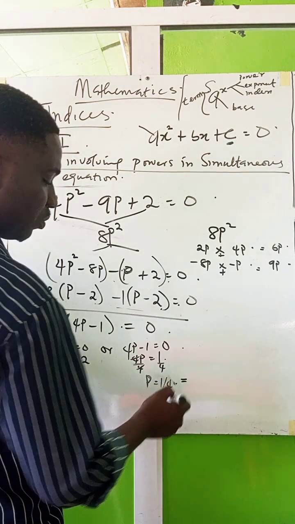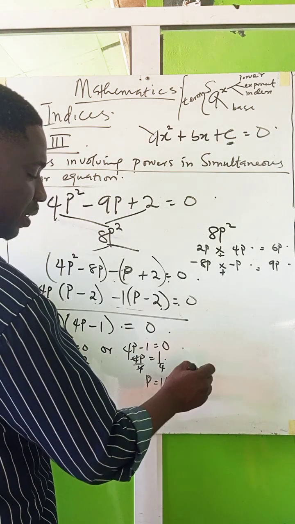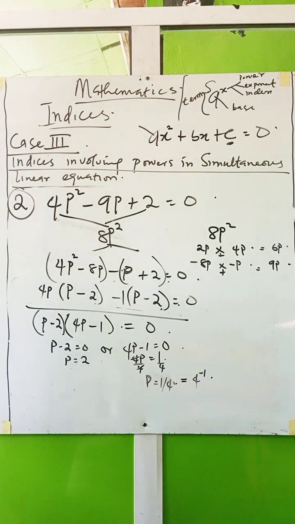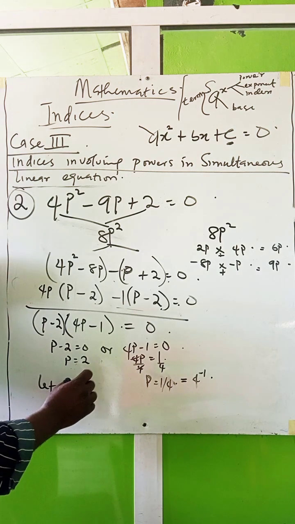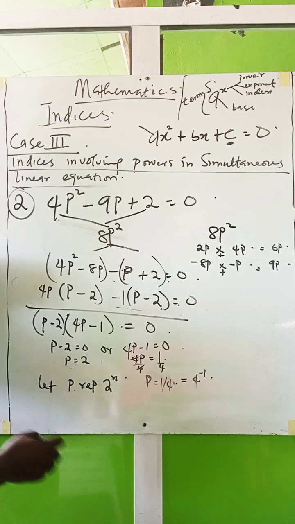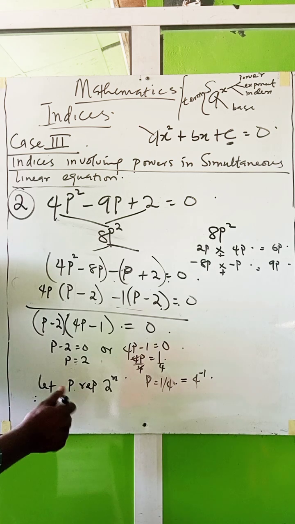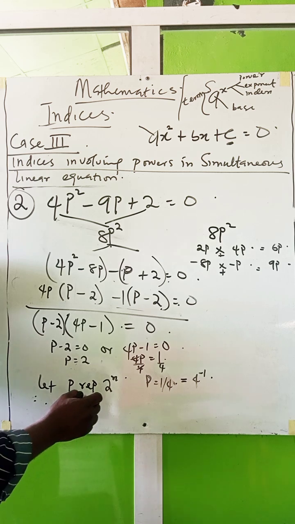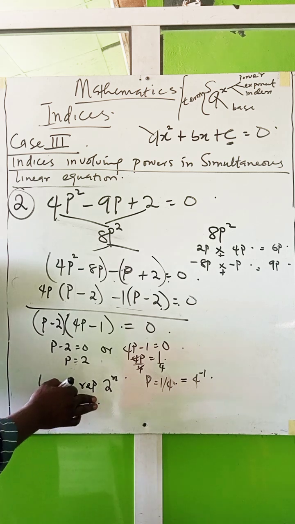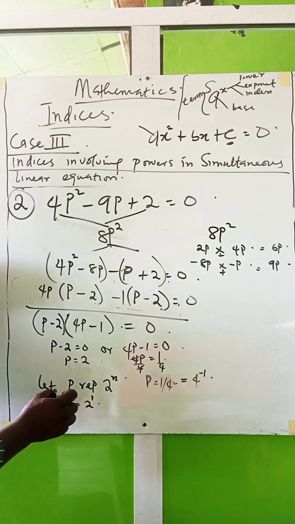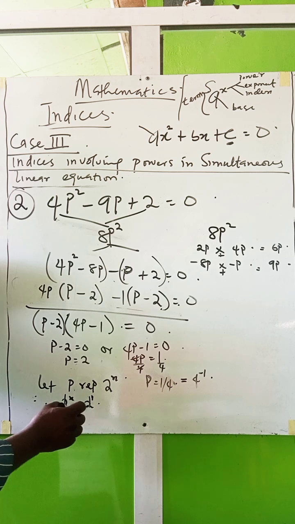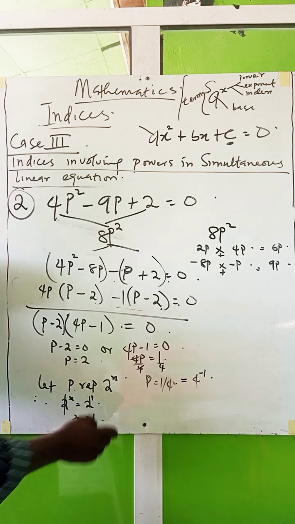How do you know this can also be expressed as 4 raised to the power minus 1? Good. But we said let p represent 2 raised to the power x. Therefore, for this, 2 raised to the power x equals 2. How do you know that there's an imaginary 1 there? The 2 cancels the base, so x equals 1.